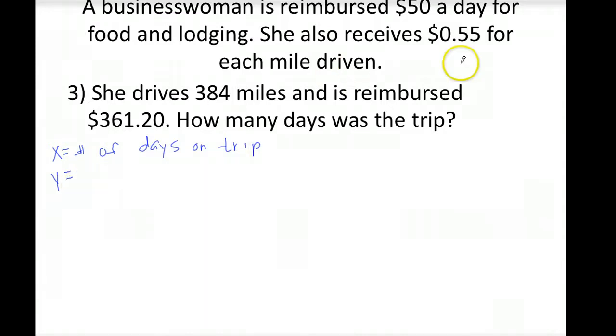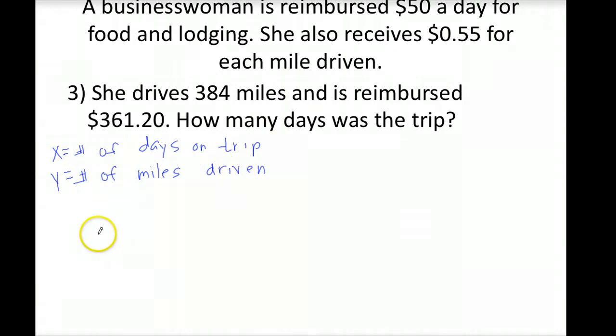And y I'm going to define in terms of that second bit, 55 cents for each mile driven, as the number of miles driven. Now the whole point in defining variables, especially at the beginning before you write an equation, is so when you get your answer, you can interpret what that means in relation to the problem.